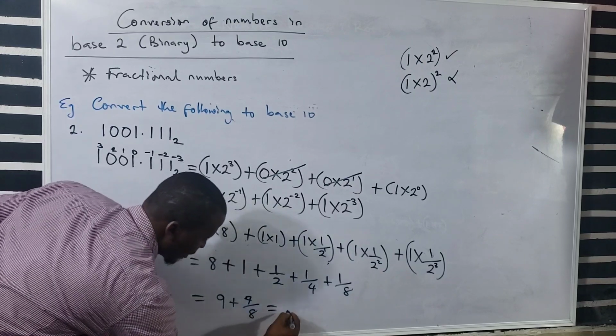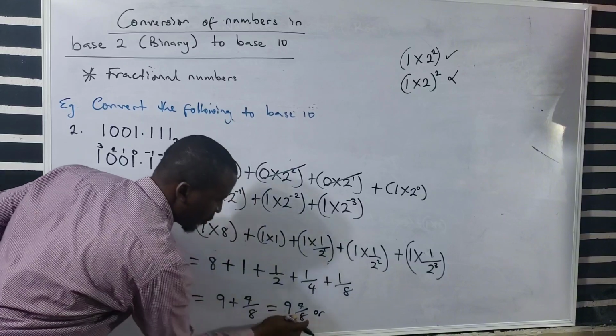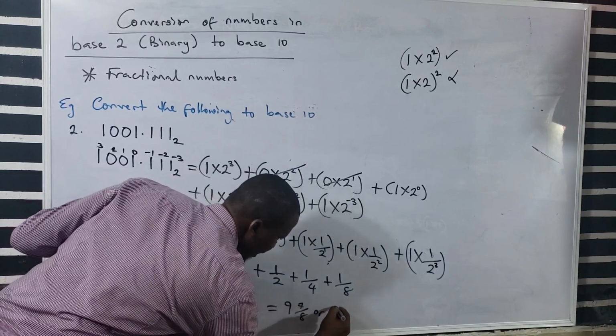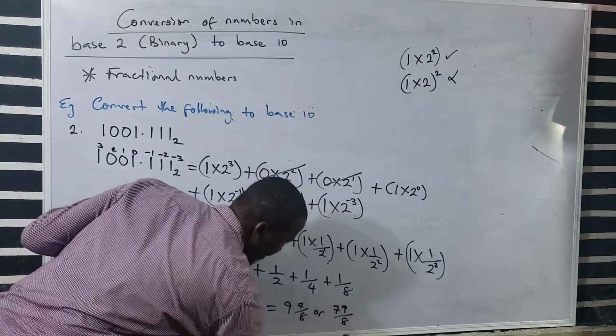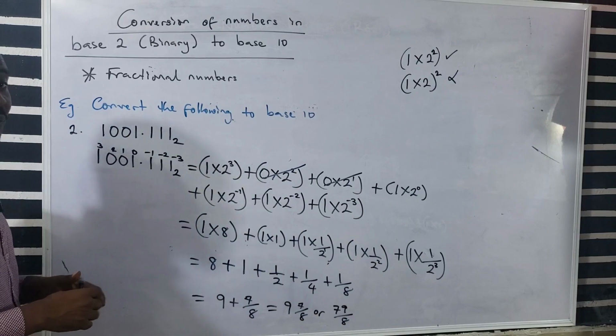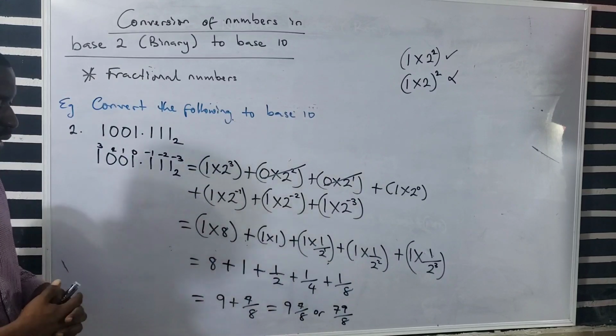So you can have your 9 7 over 8, or you multiply this. This will give you 72 plus 7, that will give you 79 over 8.